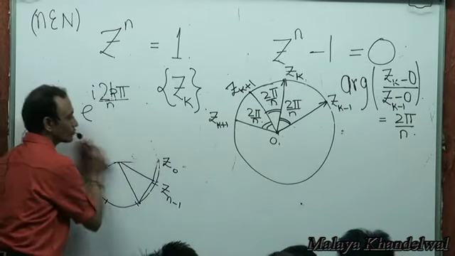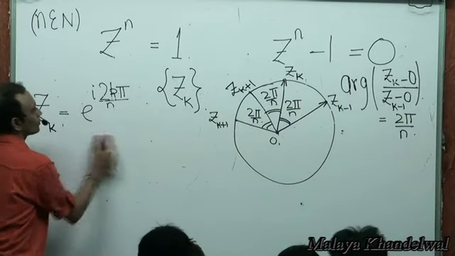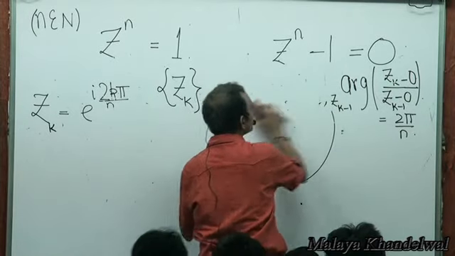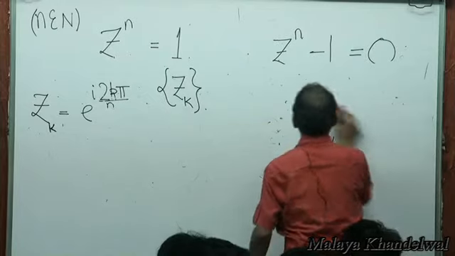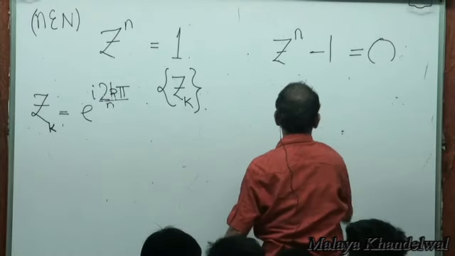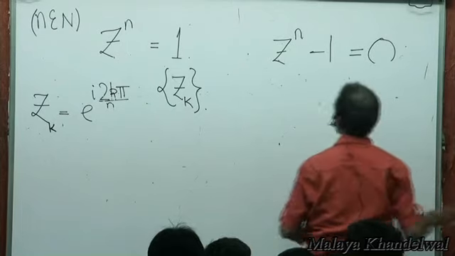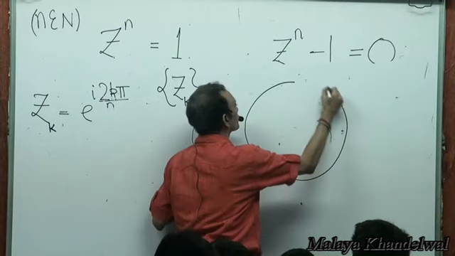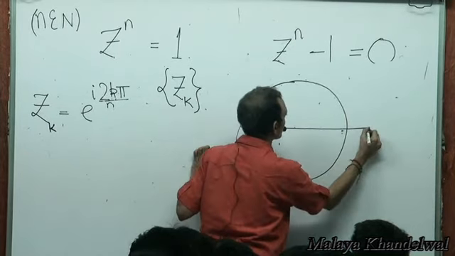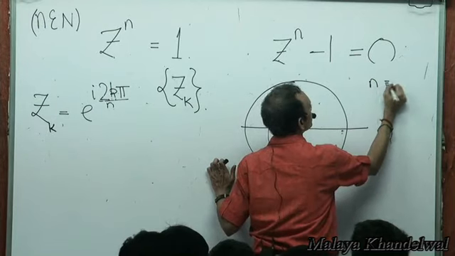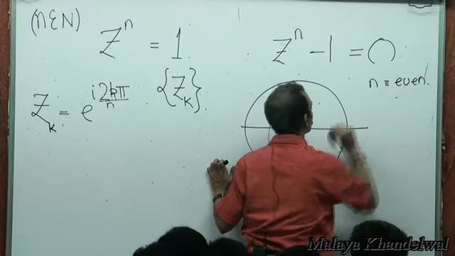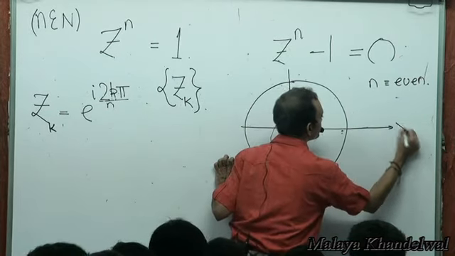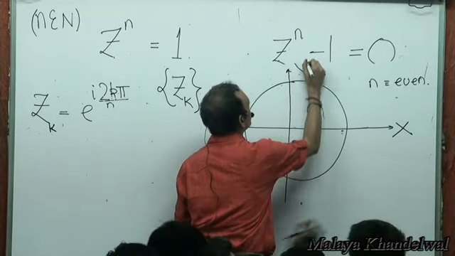Now, in fact, the way they would be spaced out on the circle, suppose n is even, the circle on which the various n roots of unity lie in the Argand plane.